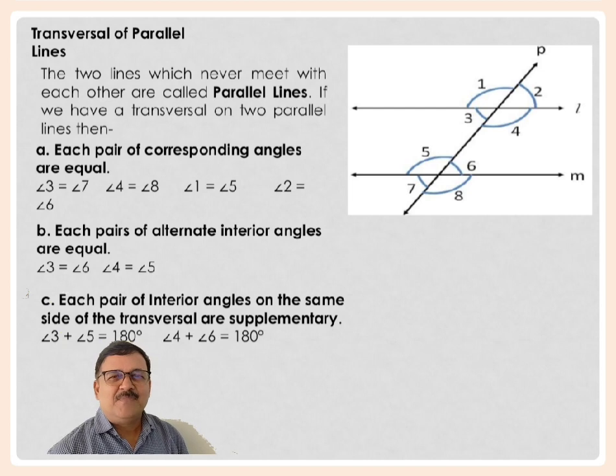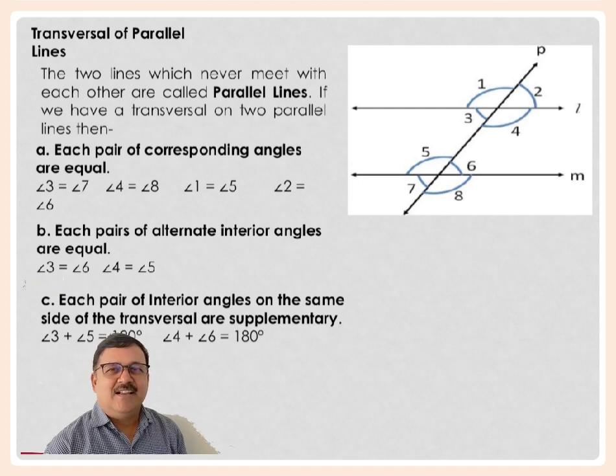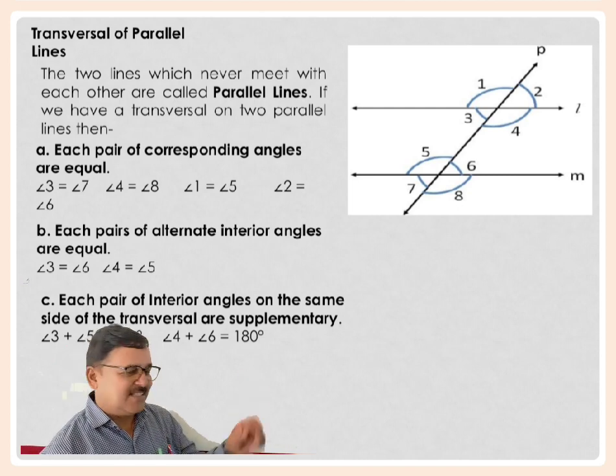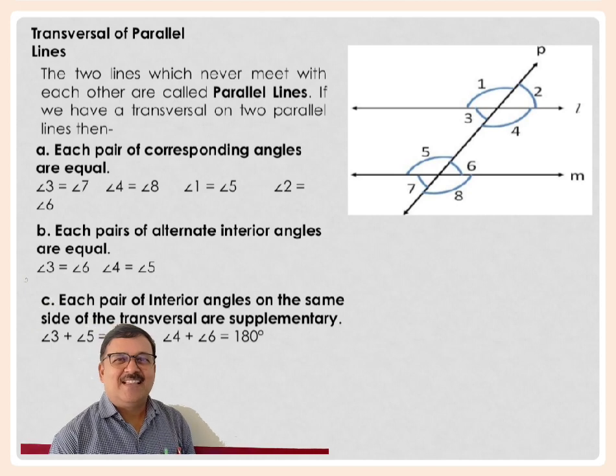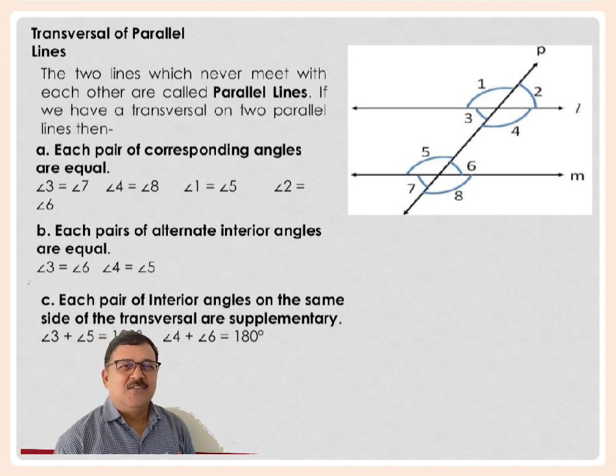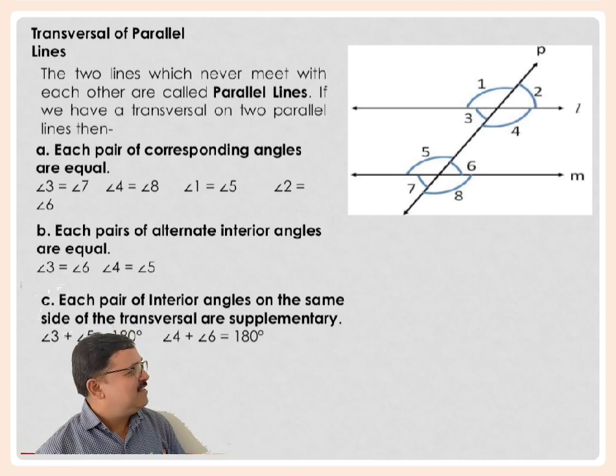Now between the two lines, see the angles 3, 4, 5, 6. They are called interior angles. And outside these two lines are angles 1, 2, 7 and 8. They are exterior angles.